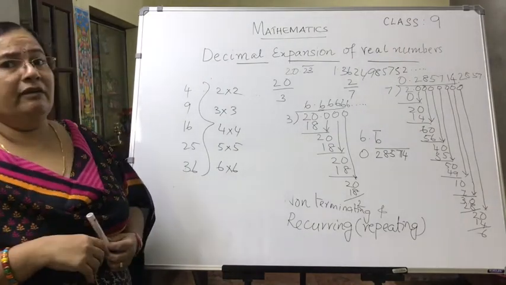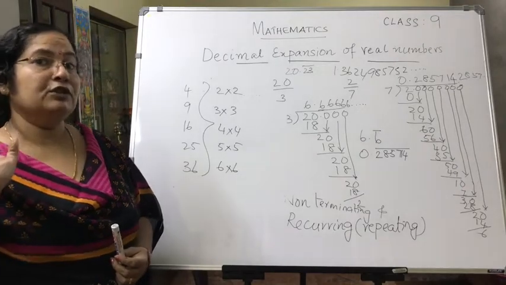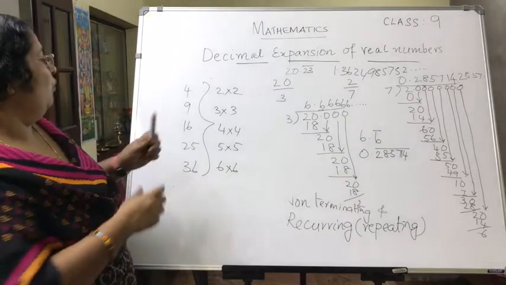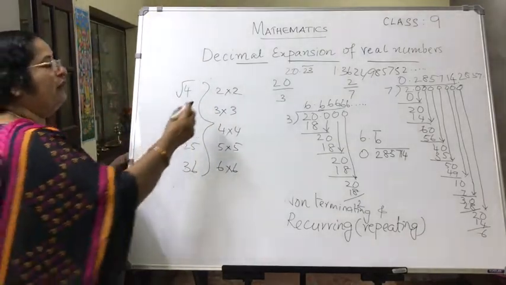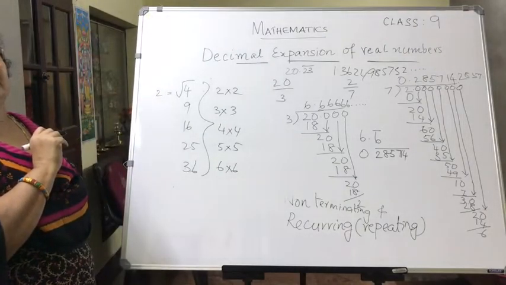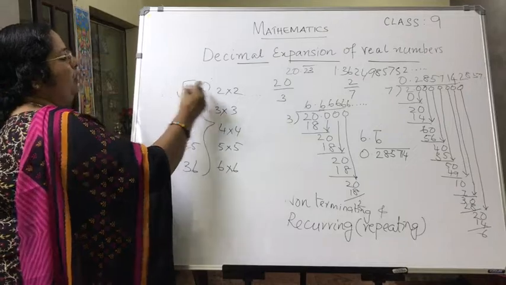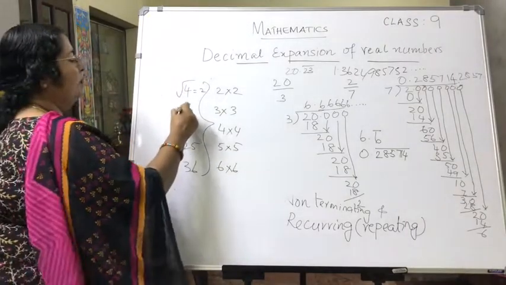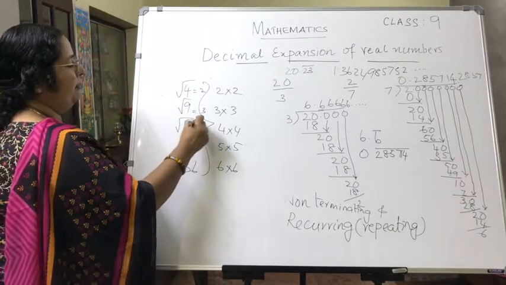So in 8th class you have learned about perfect squares and how to find the square root also. So what will be root 4? Root of 4 is equal to 2. Now what is root 9? Root 9 will be equal to 3. Root 16 is 4.